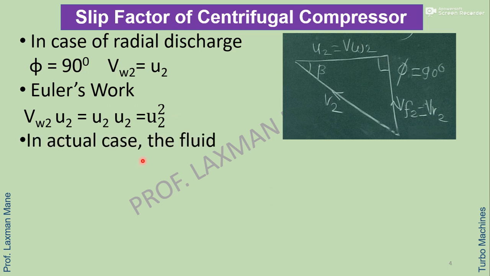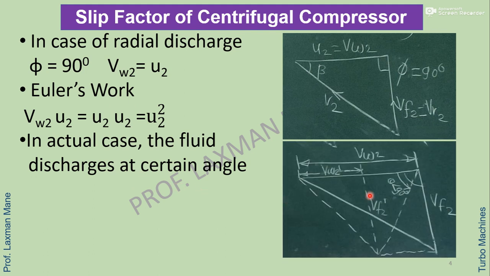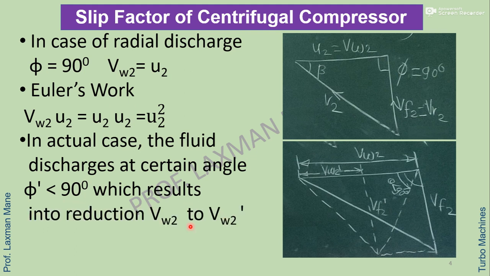In actual case, the fluid discharges at certain angle, that is phi dash less than 90 degree, which results into reduction of VW2 to VW2 dash. So here we see this is VW2 and here this is VW2 dash.